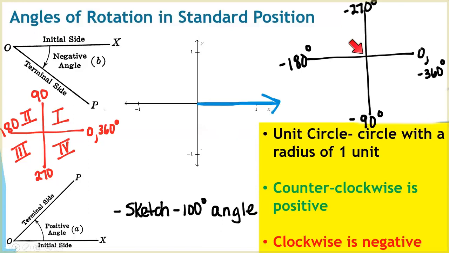For negative 100, go ahead and tell me in the chat box what quadrant that would fall in. A negative 100-degree angle. That is correct. It would be in the third. That's a little bit more than negative 90, so we're going to put it about here. And again, you're going this direction. That would be your negative 100-degree angle.